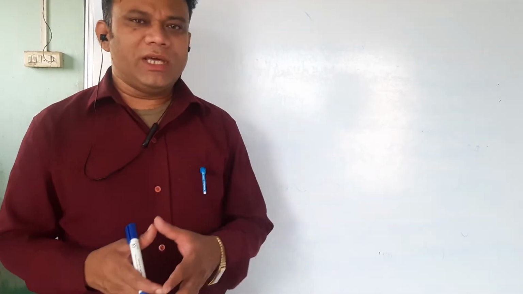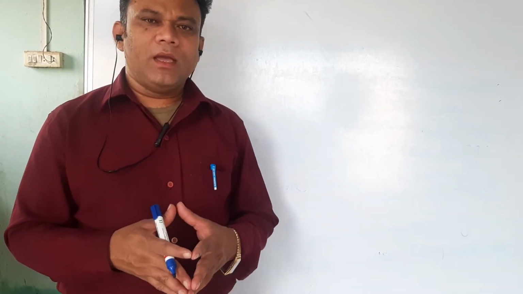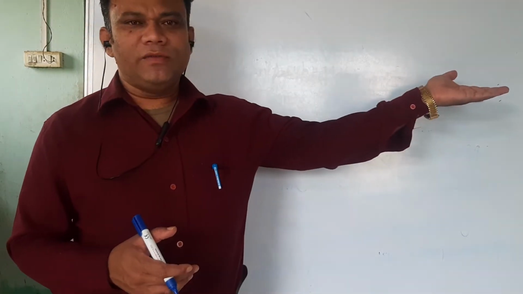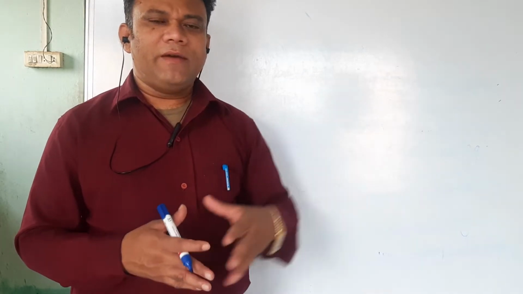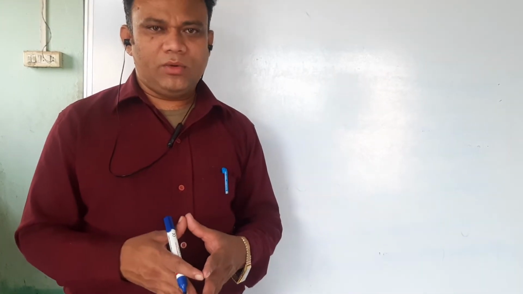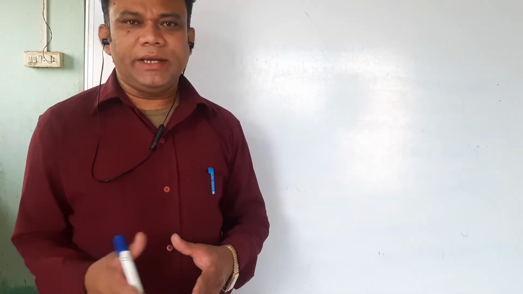Otherwise, if not is used along with any other helping verb, in that case we just have to cancel the word not. And sometimes, depending upon the meaning of the sentence, the second part of the sentence we have to make either negative or affirmative. So all these things I'll explain to you through the sentences.